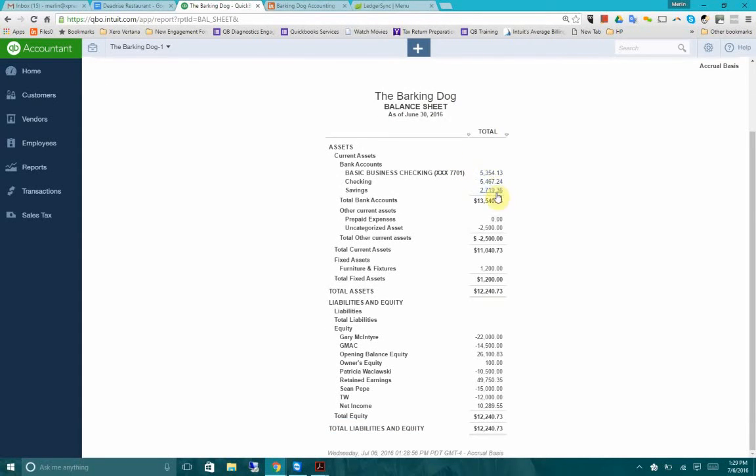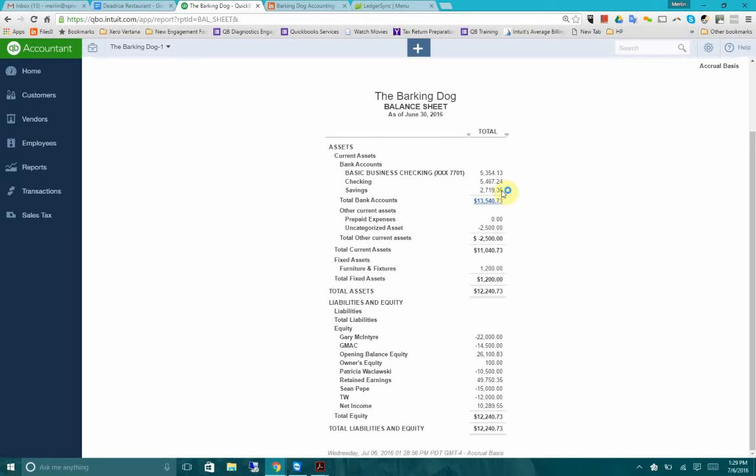So we want to make sure that the bank balances look right. The one reason they could look wrong is if you have some duplicate transactions in there. It's possible to actually reconcile everything and clear those off, but you still have some uncleared transactions in there that would impact these ledger balances. This is the easiest place to see that. This is not correct, but it's not a big deal for right now.